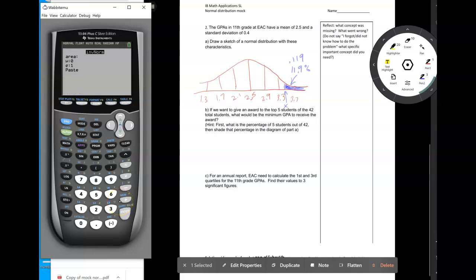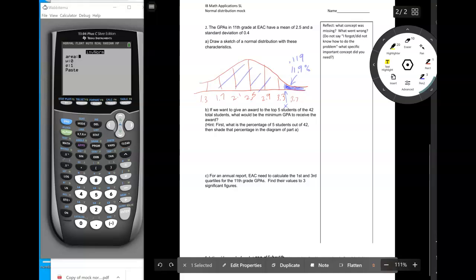And remember, if you have this old kind of calculator, this is a right region as opposed to a left region. Since it's not a left region, we need to do an adjustment. Instead of putting in the area 0.119, we need to put in the area 1 minus 0.119, because that would be the left region that corresponds to this blue right region.